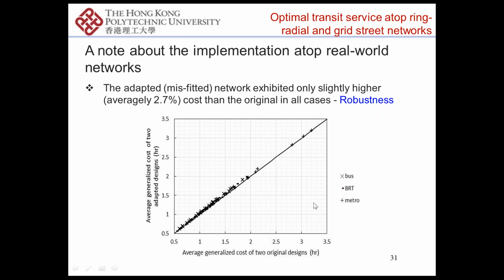So if in a real network the structure is between ring-radial, like a mixture of a ring-radial and a grid, then we expect that the cost difference will be even smaller. And of course, there are some other effects that we ignored. For example, the streets are not straight, and sometimes the transit lines have to do some detours.